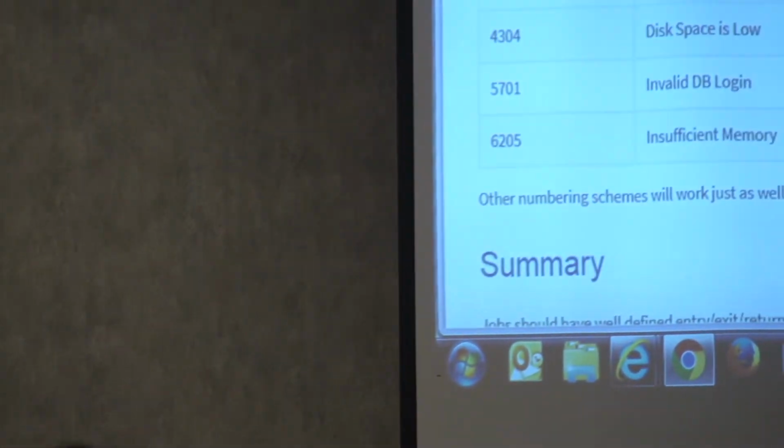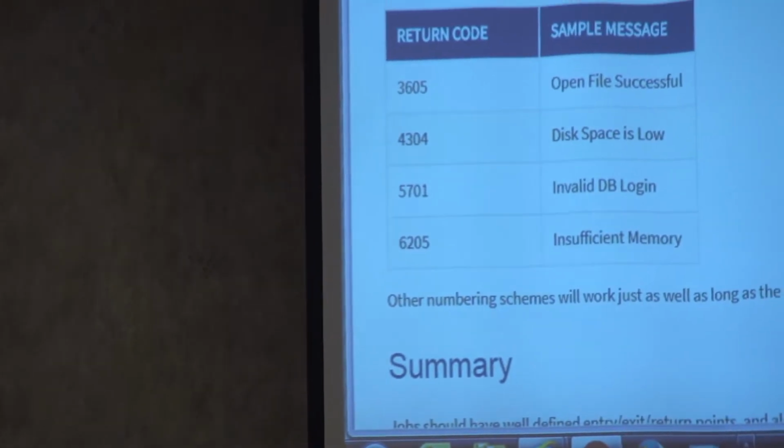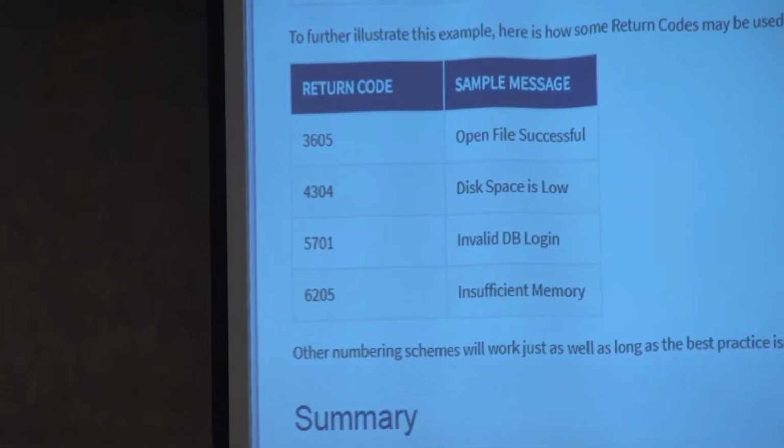You come up with whatever you need. But then what you come up with are return codes that have meaning that you can now programmatically control within your code. So a 3605 means that I successfully opened a file, whereas a 5701 means I have invalid login credentials to my database.